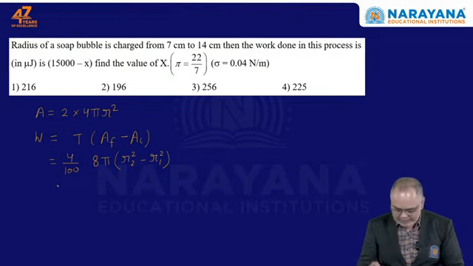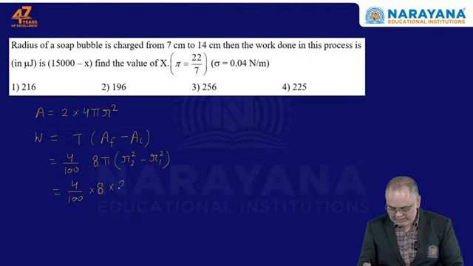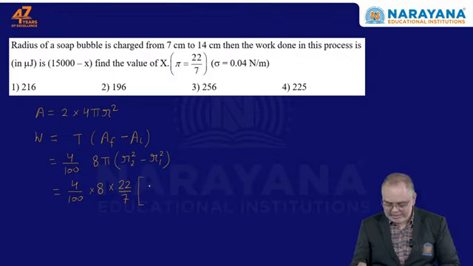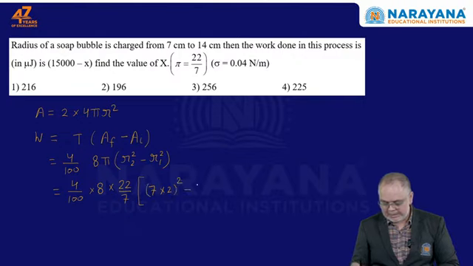So we can substitute the values here. So that is 4 by 100 into 8 into 22 by 7, r2 is 14 centimeter, so I am writing here 7 into 2 whole square, minus r1 7 centimeter, 7 square, into 10 to the power minus 4 in meter square.